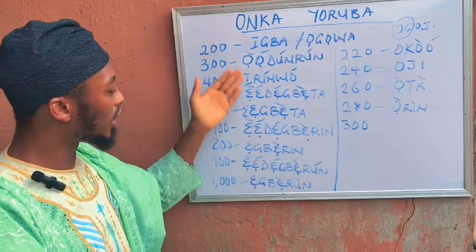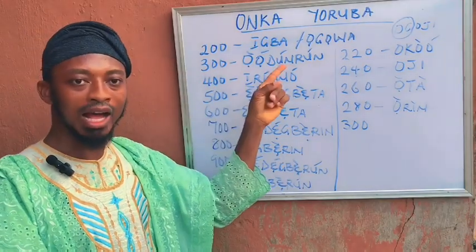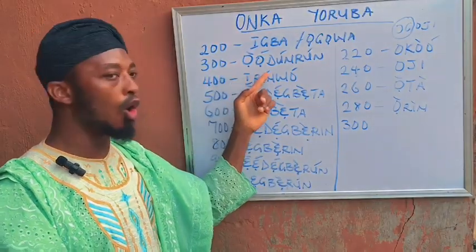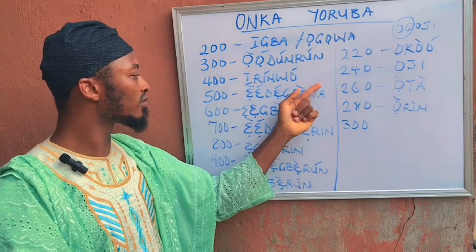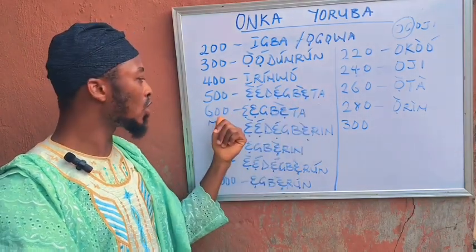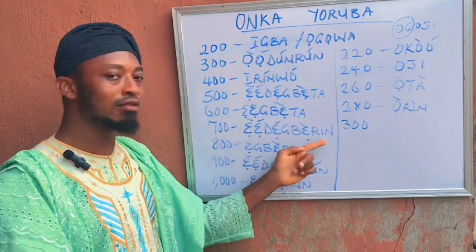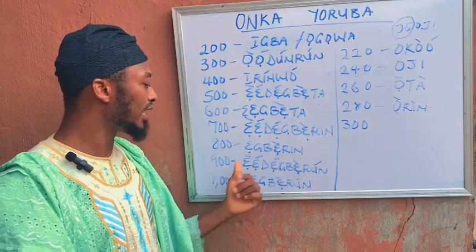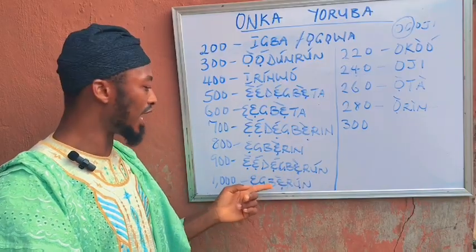So just to round it up, we said 200 igba or ọgọ́wàá, 300 ọ̀ọ́dúnrún, 400 irínwó, 500 ẹ̀ẹ́dẹ́gbẹ̀ta, 600 ẹgbẹ̀ta, 700 ẹ̀ẹ́dẹ́gbẹ̀rin, 800 ẹgbẹ̀rin, 900 ẹ̀ẹ́dẹ́gbẹ̀rún, and 1000 ẹgbẹ̀rún.